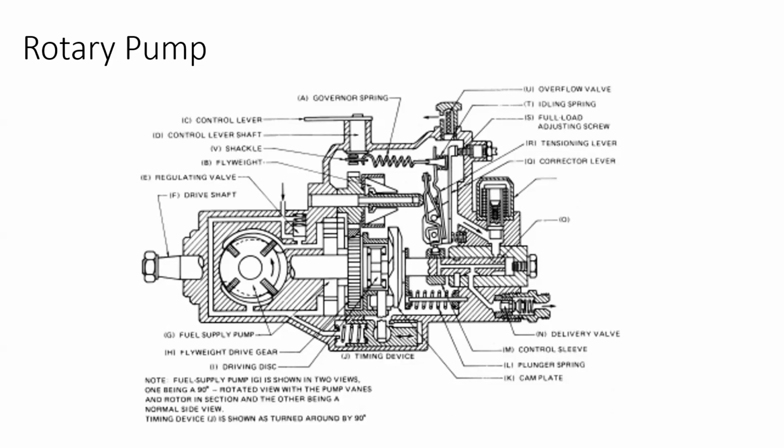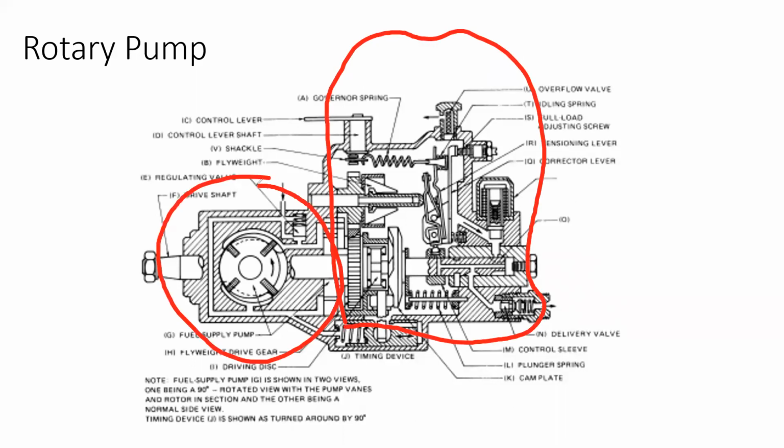So this section is the injection part. This section is only the fuel pump section, right? They pump the fuel into the injection part from here to here. I hope you get that.